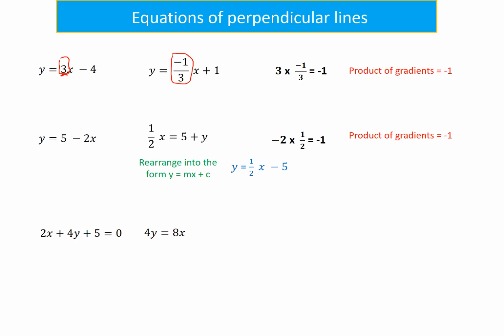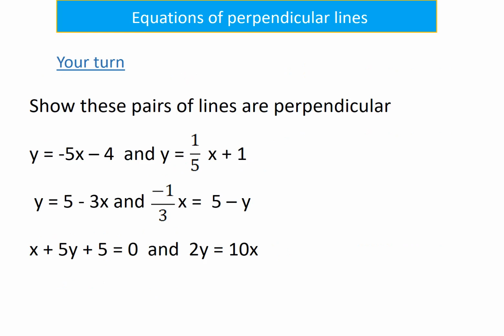And for the last one, again, you need to rearrange the equations to be able to identify the gradients. The first one is minus a half, the second one is 2. So when I multiply the two gradients, I get minus 1. You can have a go and show that each pair of these lines are perpendicular.